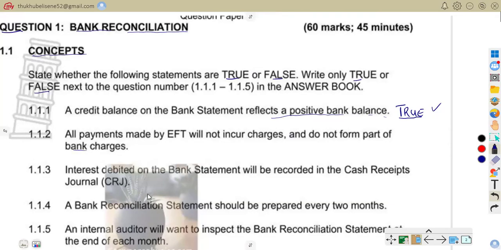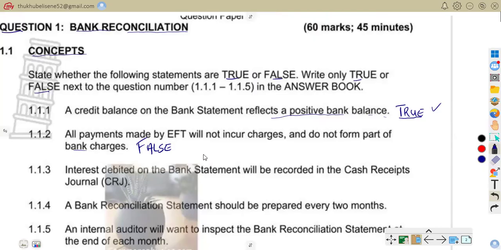That is false. It is false because EFT can have charges.